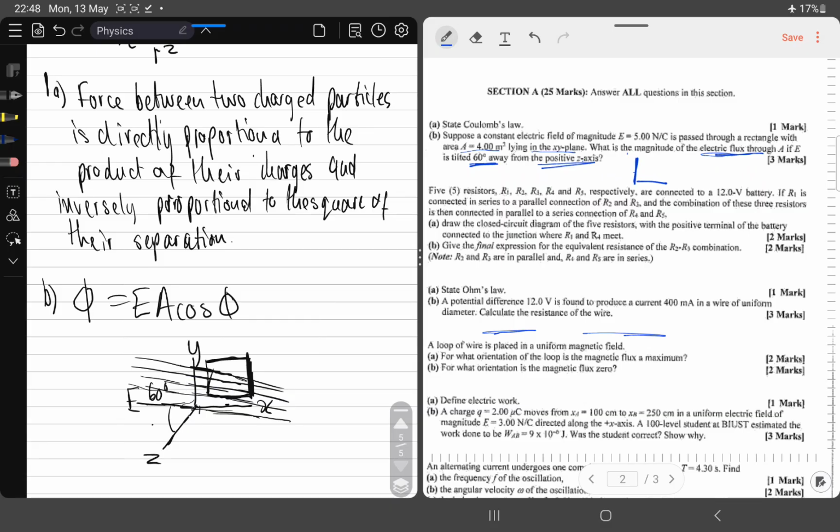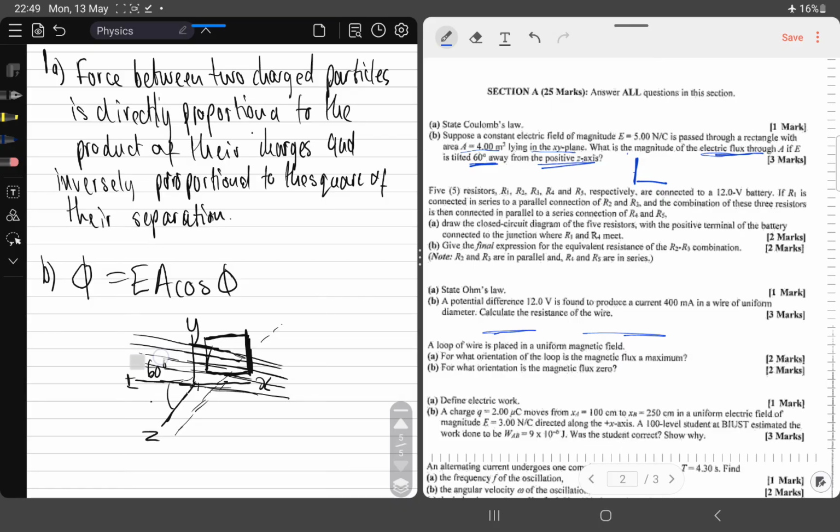So now they're saying, what is the angle? The angle between the normal is Z. I can say Z is my normal line here. And this guy is 60 degrees to Z, which means he is 60 to the normal. So it's going to be cos 60.